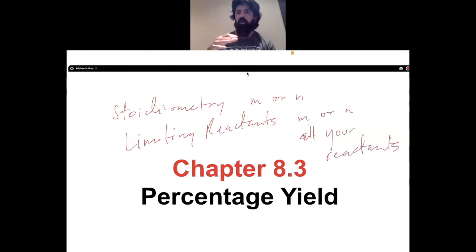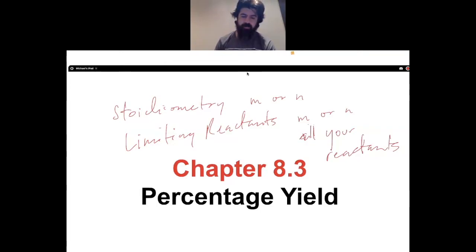Whatever reactants you have, that's what you're going to see in terms of the numbers given to you in a question. Please make sure you know the difference, especially for the test.